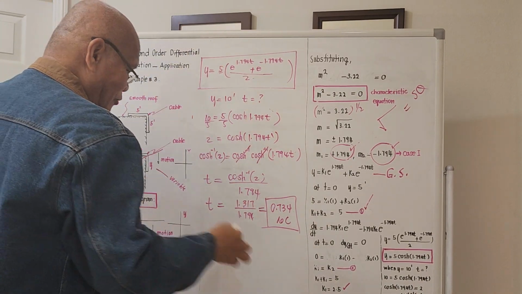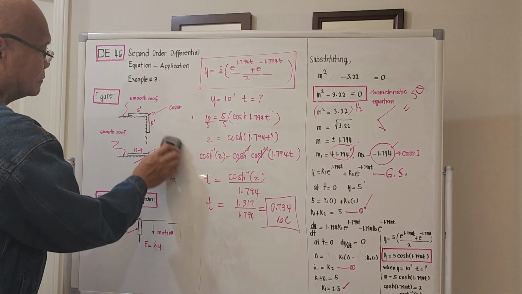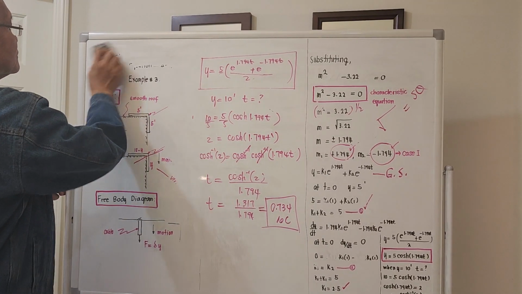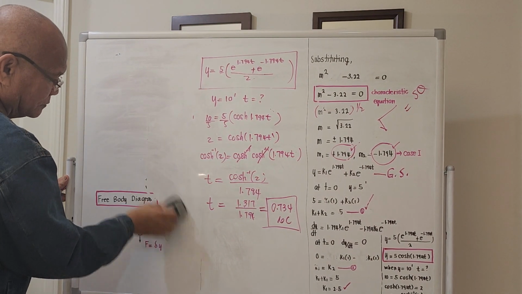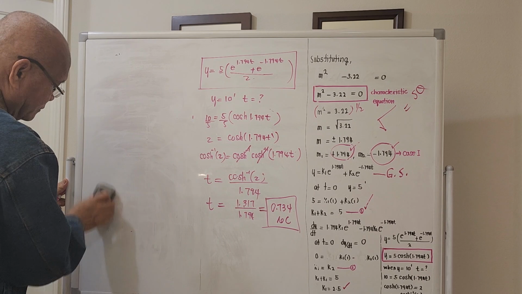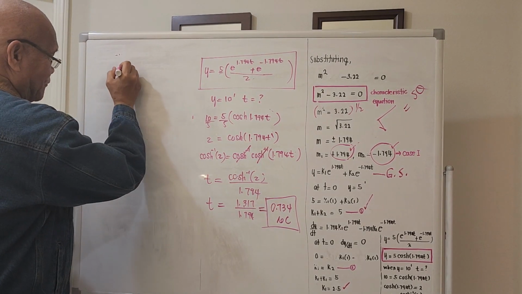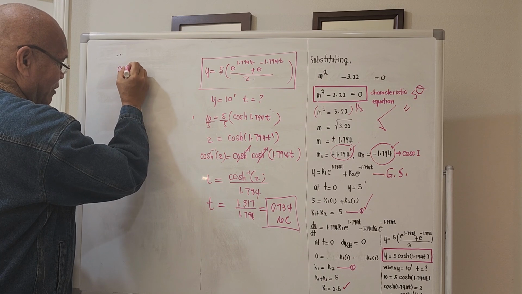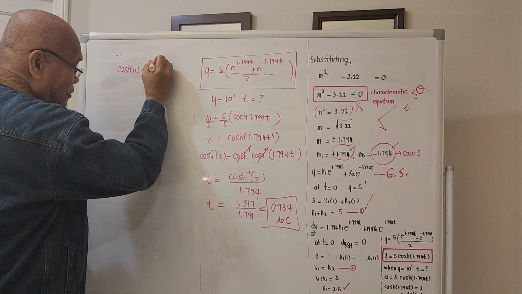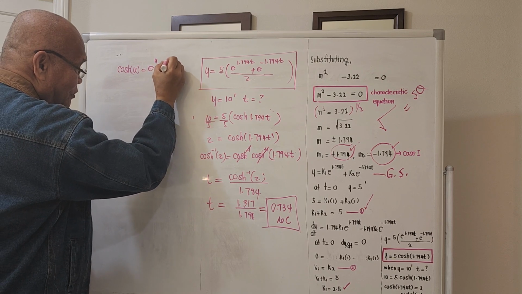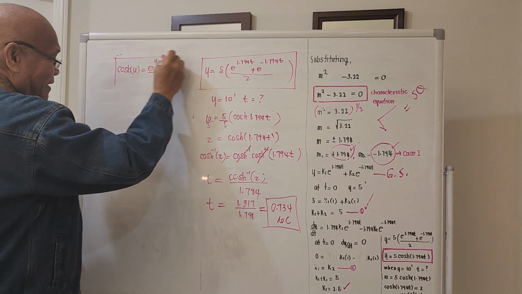But if you try to recall, hyperbolic cosine of u is actually e to the u plus e to the minus u over 2.